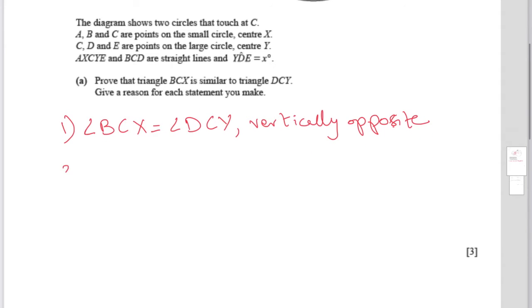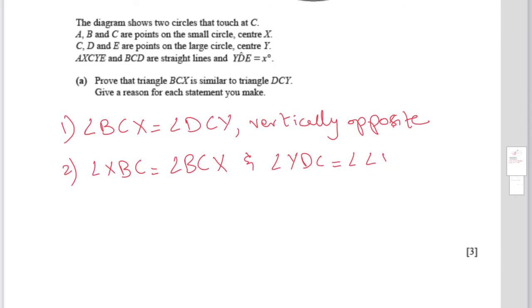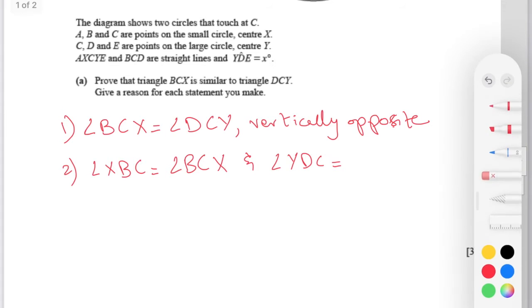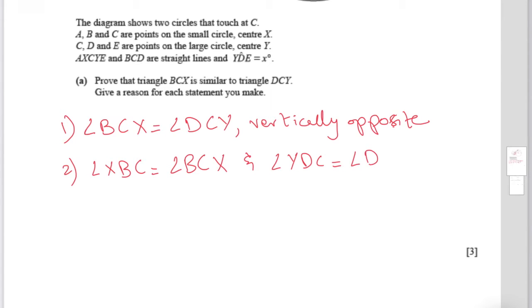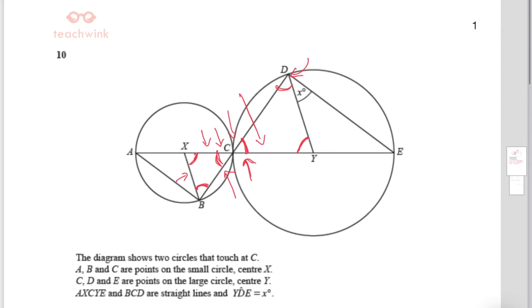The next statement is that angle XBC is equal to angle BCX, and angle YDC and angle DCY are the same. Why? Because they are isosceles triangles. So we've covered these four angles up till now.